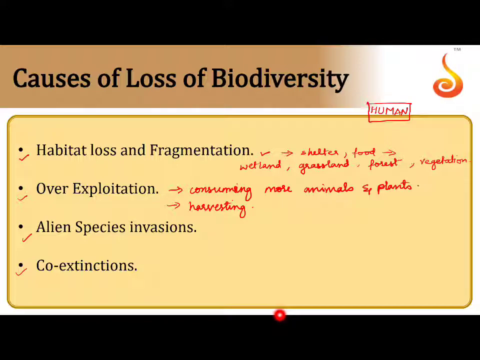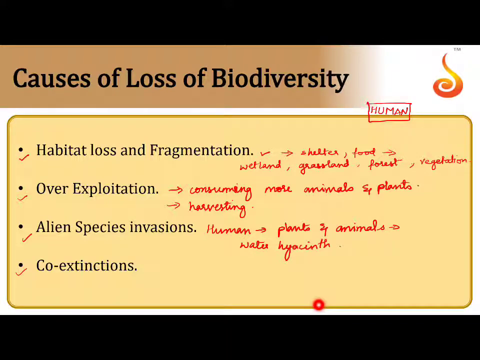Another way of looking at the same alien species invasion is humans introducing new forms of plants and animals into a new zone. For example, let's take water hyacinth. Water hyacinth, which is today called the terror of Bengal, was brought by Britishers to India.